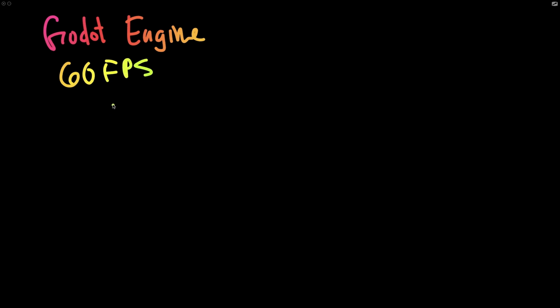So let's talk a little bit about what's going on in there, and we'll start with the Godot engine. So our Godot engine is rendering our graphics 60 frames per second, or at least it's trying to. As it's doing that, it's calling different functions that have different purposes. And it names its internal functions with an underscore at the beginning so that we can write our own version of the functions without overwriting Godot's functions.